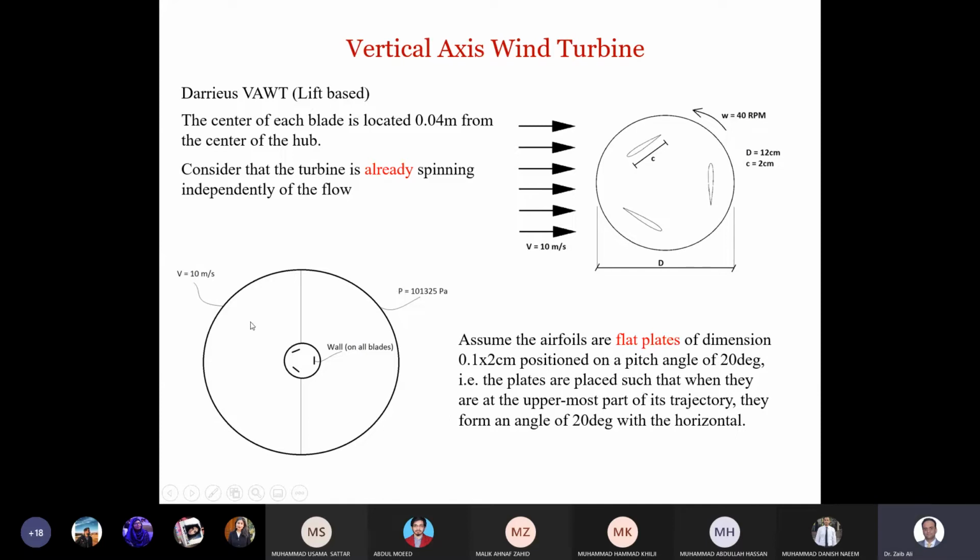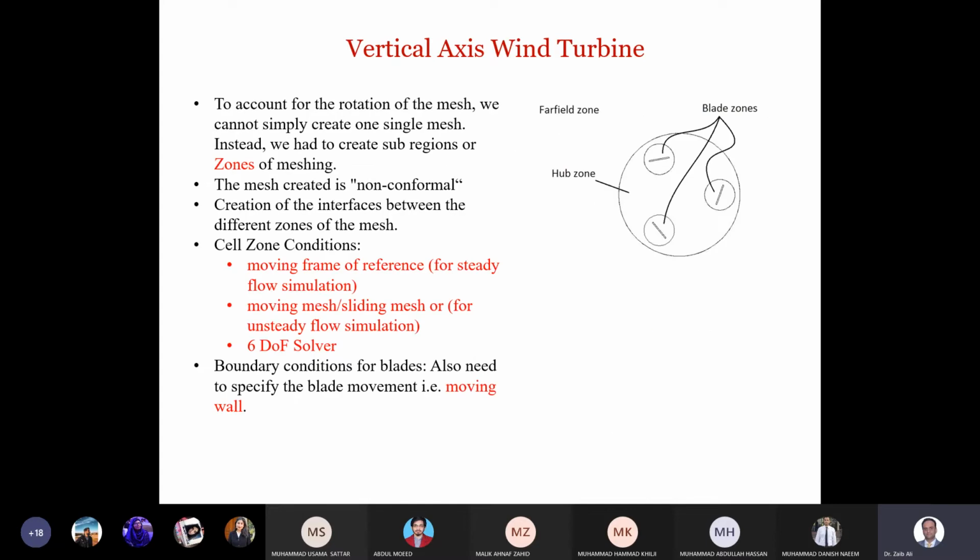But in the inner region, there are zones, for example, these three blade zones, and this hub, which will be rotated. So first thing will be that you will create a separate mesh for each zone, and then you need to match or stitch those zones together so that the information could flow from one zone to another. We'll see that later.